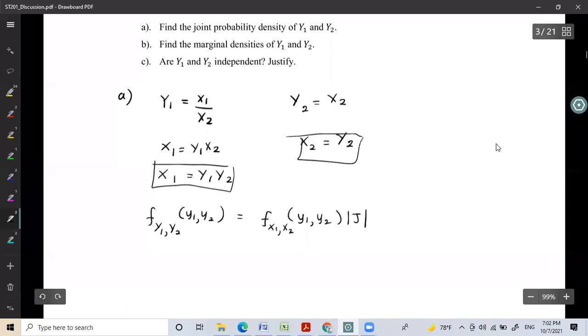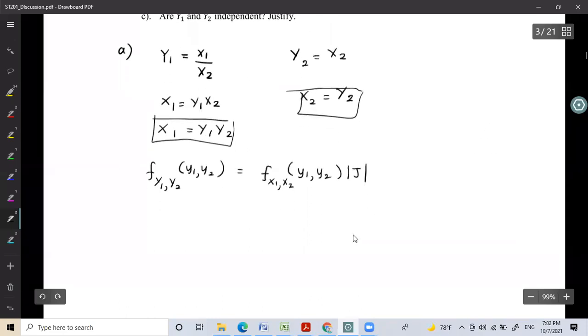So that means you have to find the Jacobian first. Can you remember how to do that? Del X1 over del Y1, del X2 over del Y1, del X1 over del Y2, del X2 over del Y2.